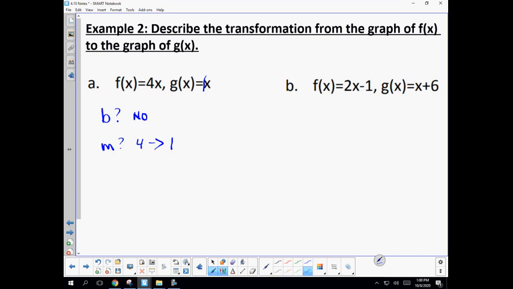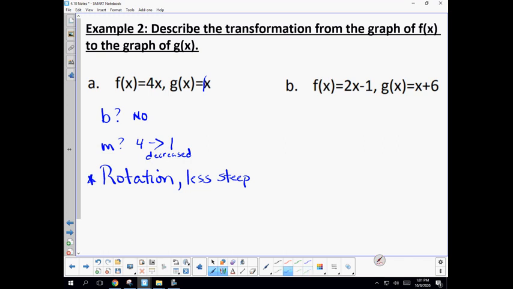But it didn't change signs. So I know the only transformation I have going on here is a rotation. And it's going to become less steep because it decreased.